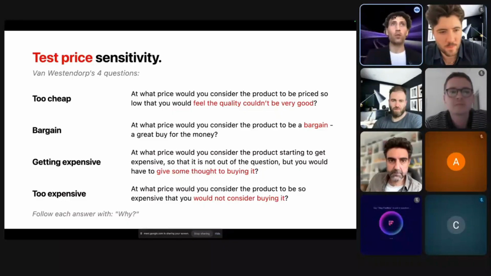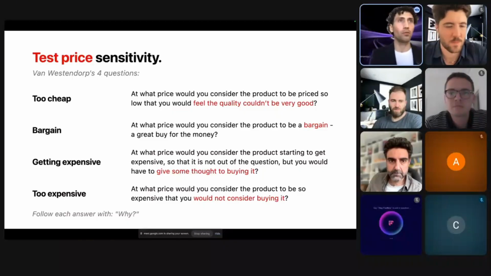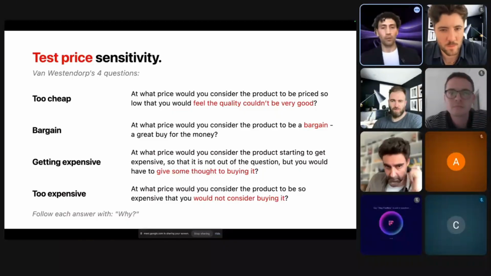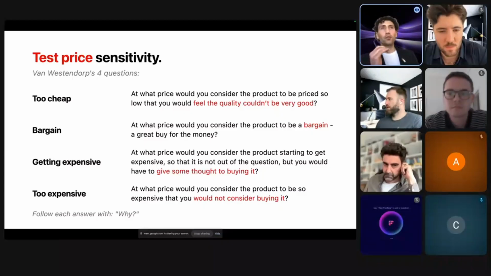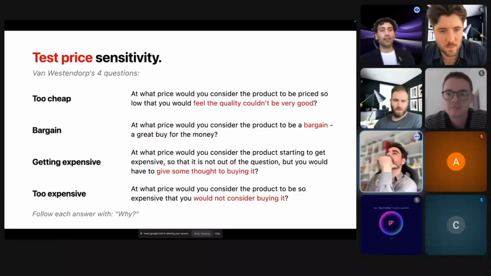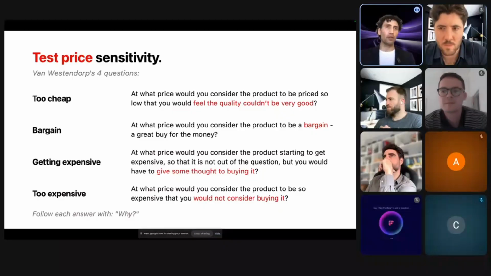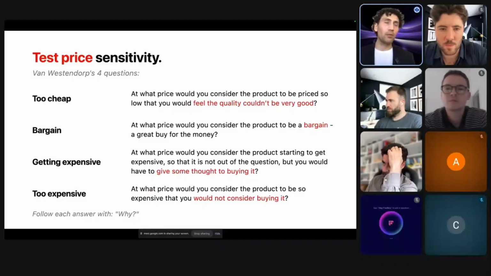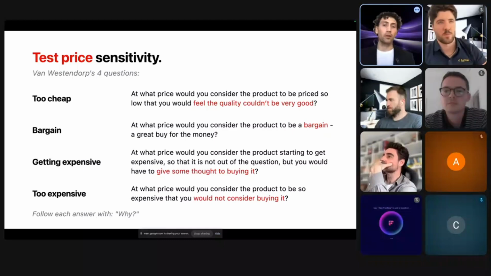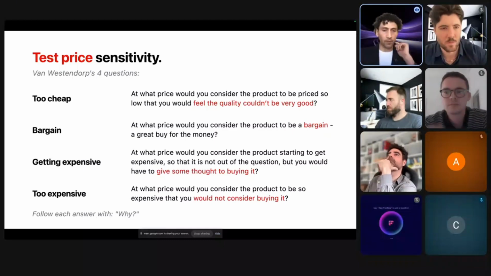And then there is the threshold where they feel uncomfortable but still buy, which is the getting expensive one, and the bargain, which is a good price. So you can also have a premium tier or whatever. And when you ask this question, always follow up with a question like why, because it gives you a lot of color, and we need color at the beginning of our startups.